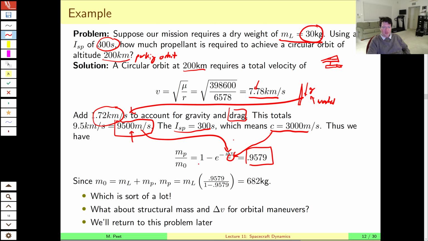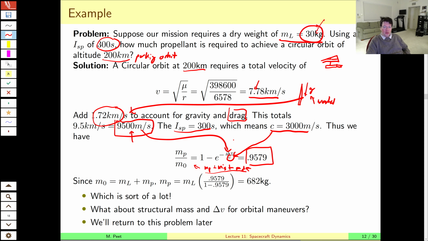The total mass, remember, is the propellant mass plus the structural mass plus the payload mass. So the propellant itself has to be 97% of all three of those things. So these other things have to be relatively small. In our case, we fixed the payload mass at 30 kilograms.